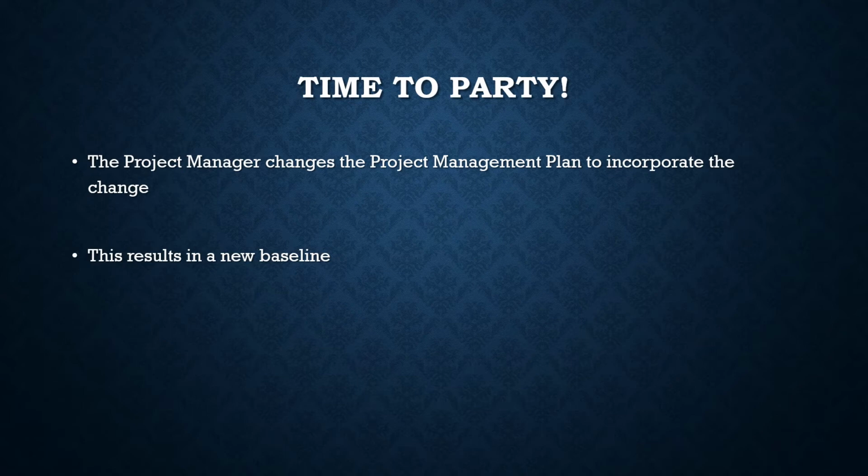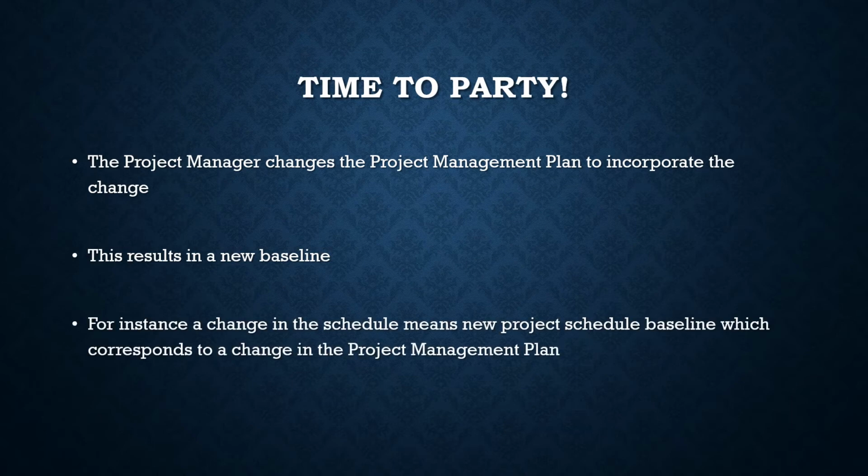So time to party maybe some other time, but for now, if your change is approved, you need to accommodate those changes in your project management plan. An example is if there is a change in the schedule, which happens so often, right? If there is a change in the project schedule, a new project schedule baseline will be needed.